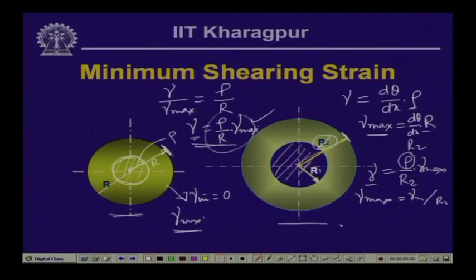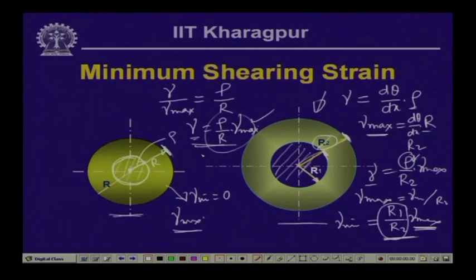So, the gamma minimum value in this particular case, where rho is equal to r 1, is r 1 by r 2 times gamma max. So, in terms of the maximum strain at the periphery, we can compute the strain at this level, r 1, in the ratio of the radii.